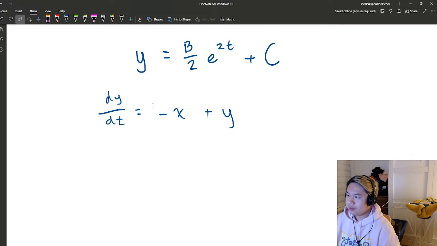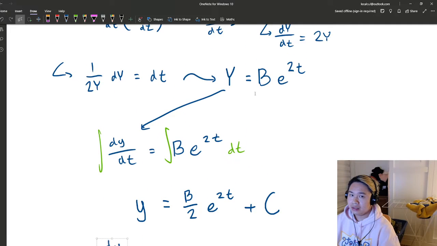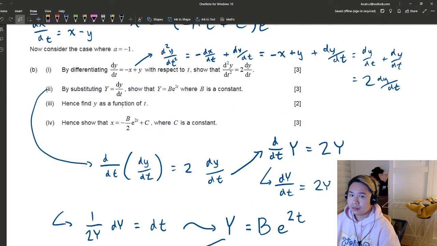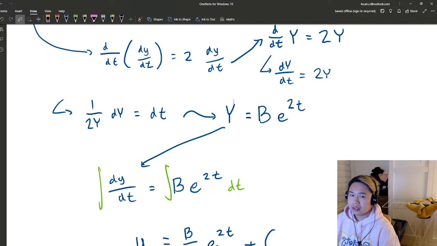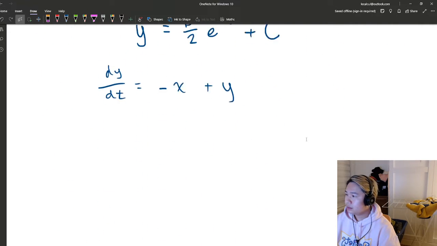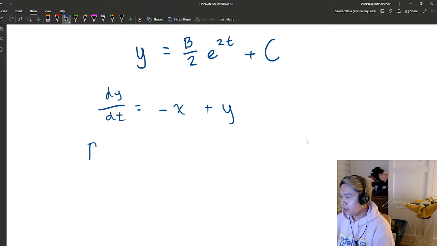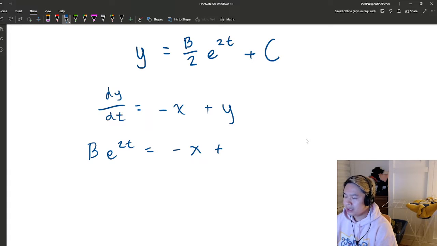And then from the previous parts, I know that this is that. And then I also know that this, which is capital Y, is this, b. So the left side is b e to the 2t, we have minus x, and then y we know is b over 2 e to the 2t plus c.